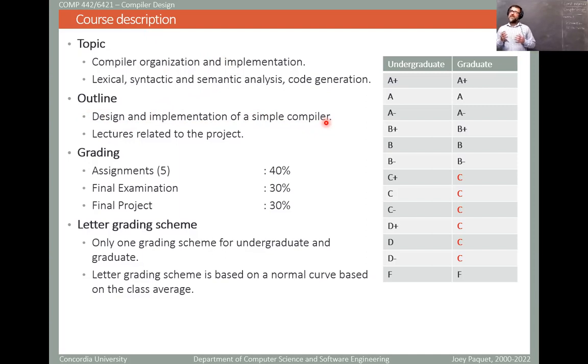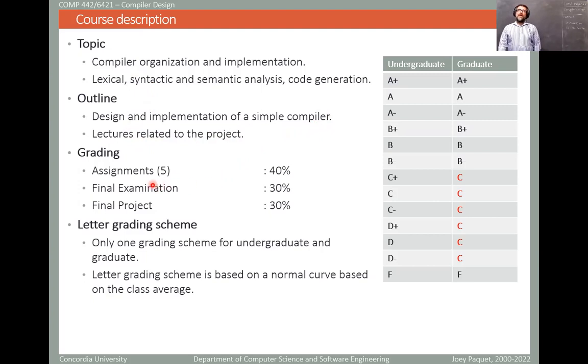Not to say that it is not representative of how it's done in real life, but there are many aspects of a programming language and its implementation that we will skip in this course, because we don't have enough time to do everything in a single semester. And as I just said before, you should expect that almost all the lectures will be related to what you have to do in the project.